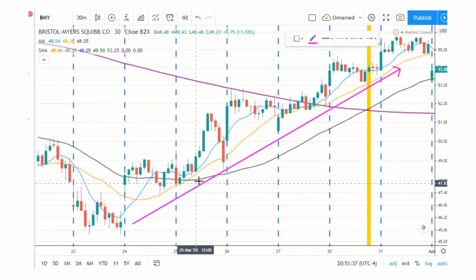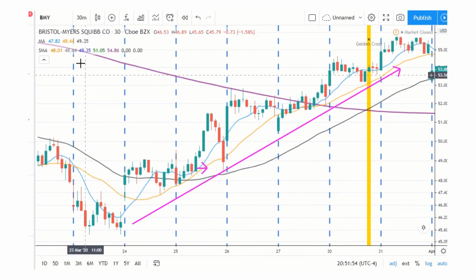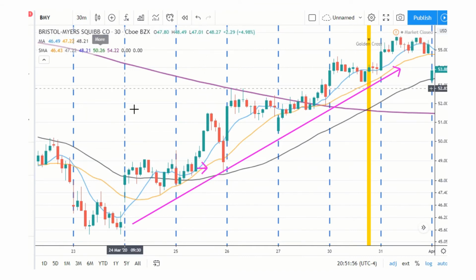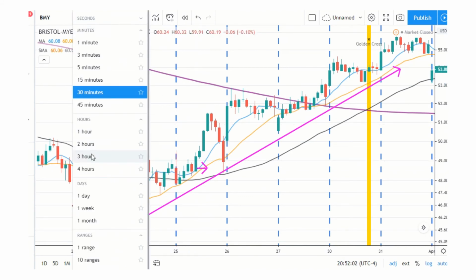Let's say you get in at 48.43, and it's right above the 9 moving average. Okay, so you get in around here. But let's make sure I remember that number, 48.63. Let's look at the 2-hour time frame.